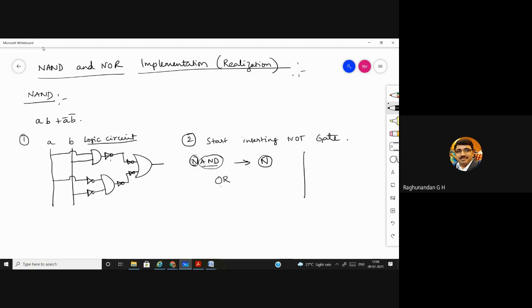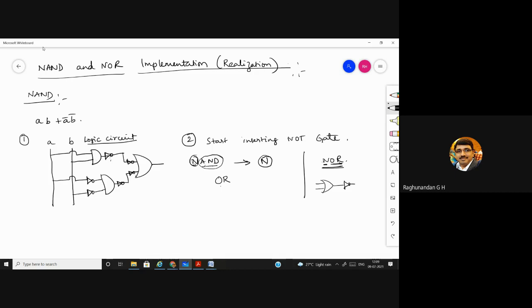In the same way, next we have NOR realization. They'll ask to realize the equation AB plus A bar B bar using NOR gates. During that time, N is in front of OR. Wherever you have an OR gate, put the NOT gate in front of it, that means at the output side.